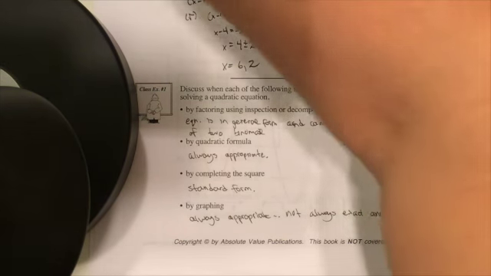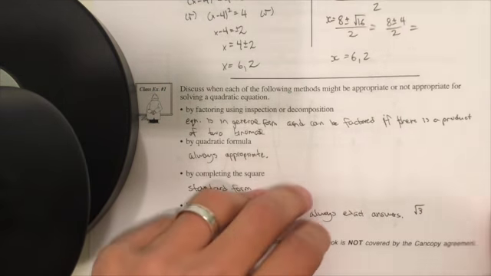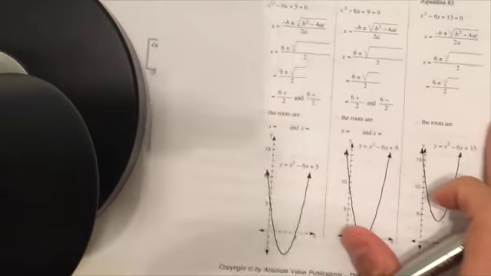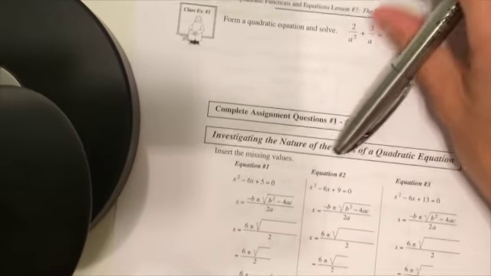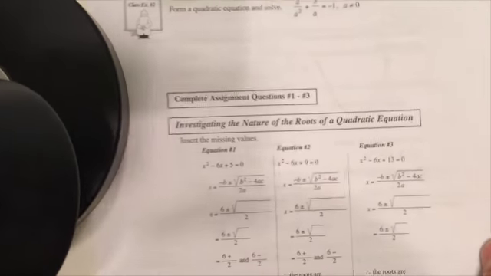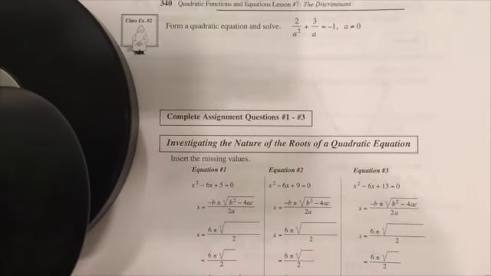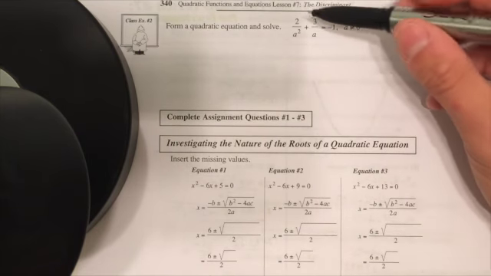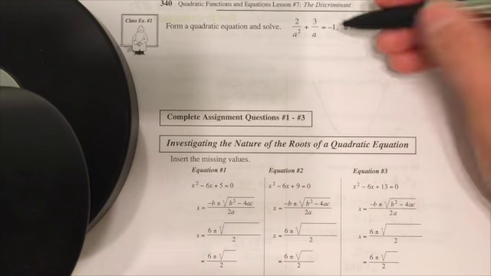Okay, so let's look at what we are doing now. Form a quadratic equation and solve. Okay, so if I'm going to form a quadratic equation, basically I need to multiply it all by the same value.